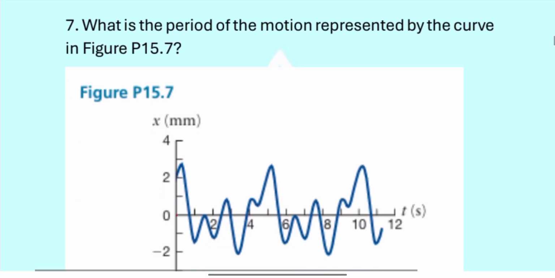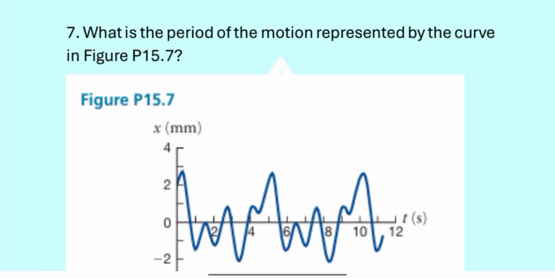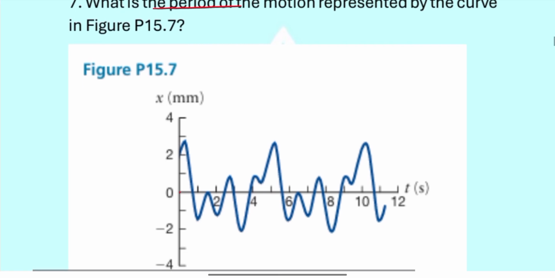Okay, coming to this question, what is the period of the motion represented by the curve? So once again, we have to use the definition for the period. And how do you define the period? Period is the time for one oscillation. So this is how I'm going to analyze this graph.